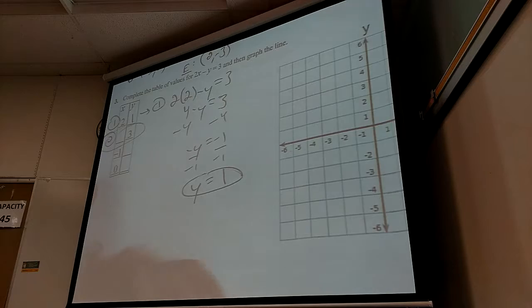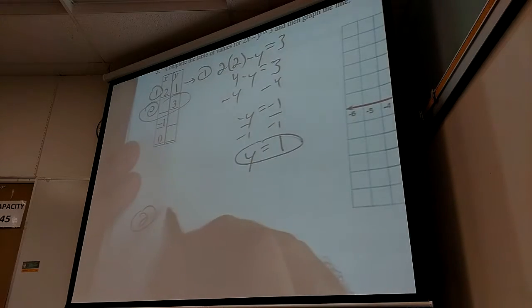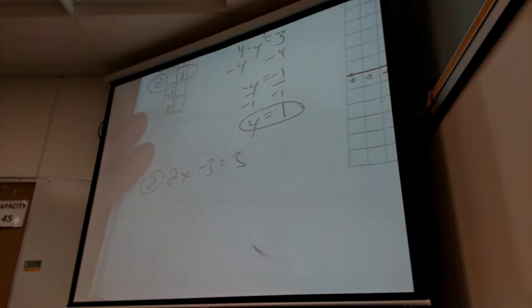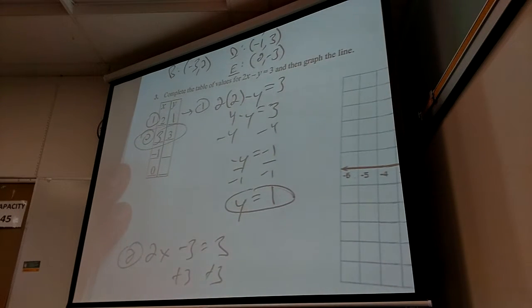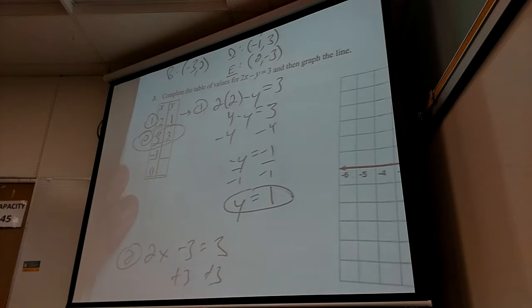Plug in 3 for Y. So 2x minus 3 equals 3. Add 3. Divide by 2, I get x is 3. It goes through 3, 3. And then you just keep going.